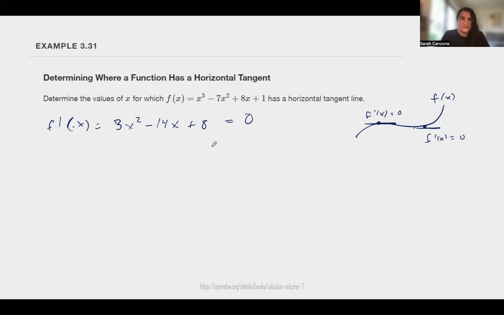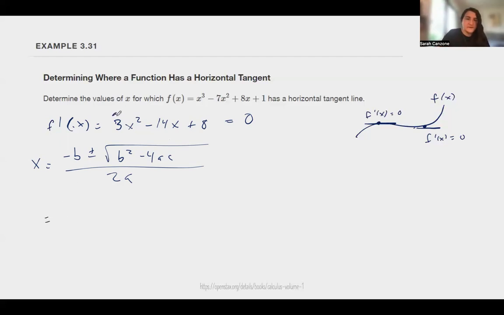I might suggest the quadratic formula. So let's use it. x equals negative b plus or minus the square root of b squared minus 4ac, all over 2a. Because I don't necessarily know if these values are going to be nice integers, or if it's going to be some weird looking square root.